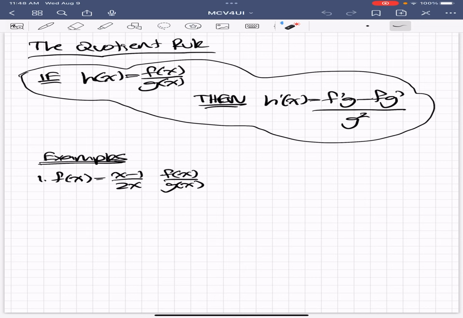So if h of x equals f of x over g of x, then the derivative of h of x equals the derivative of f multiplied by g, minus f multiplied by the derivative of g, over g to the power of 2. So that's the derivative rule.